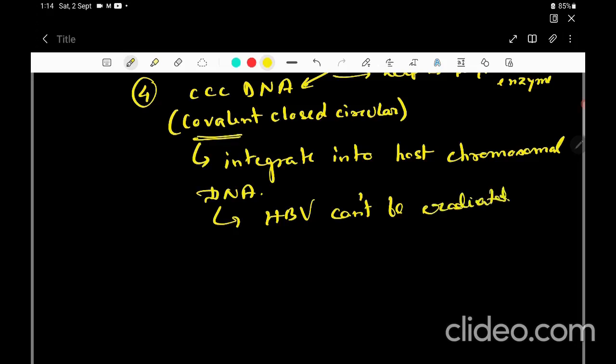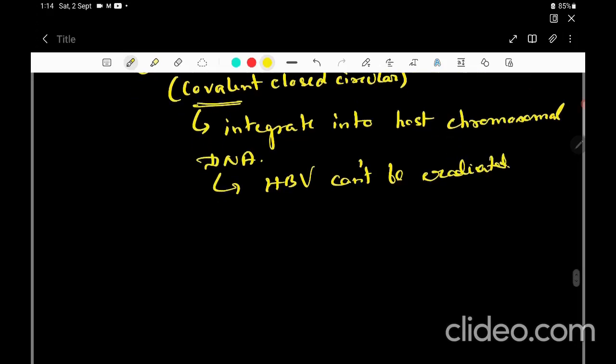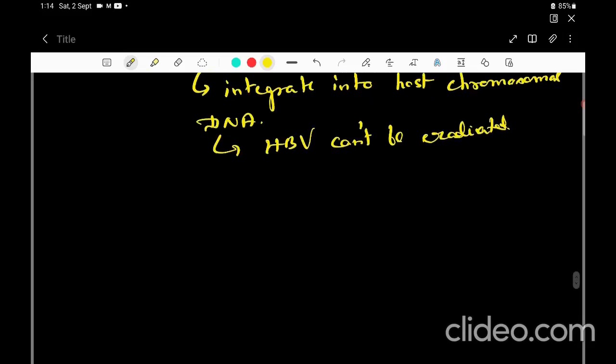Now, if HBV can't be eradicated, what should we do with the patients? We don't just do symptomatic therapy and leave the virus alone to survive there. No, absolutely not. We should try to decrease the viral load. The objective of the treatment should be decreasing the viral load to less than 2000 international units per milliliter.